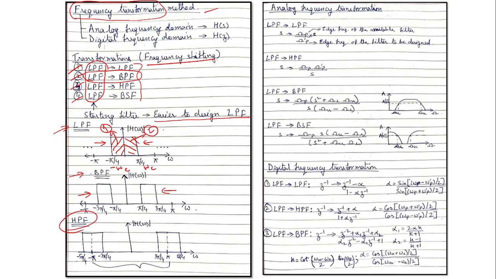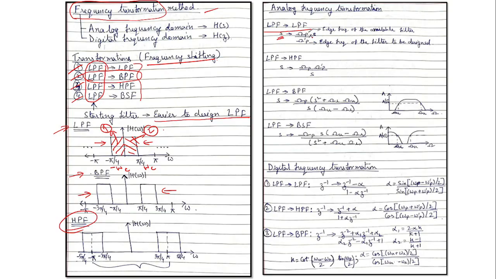So what are the different types of analog frequency transformation formulas? Low pass filter to low pass filter: as we are dealing with the analog domain, the complex plane would be the S plane.